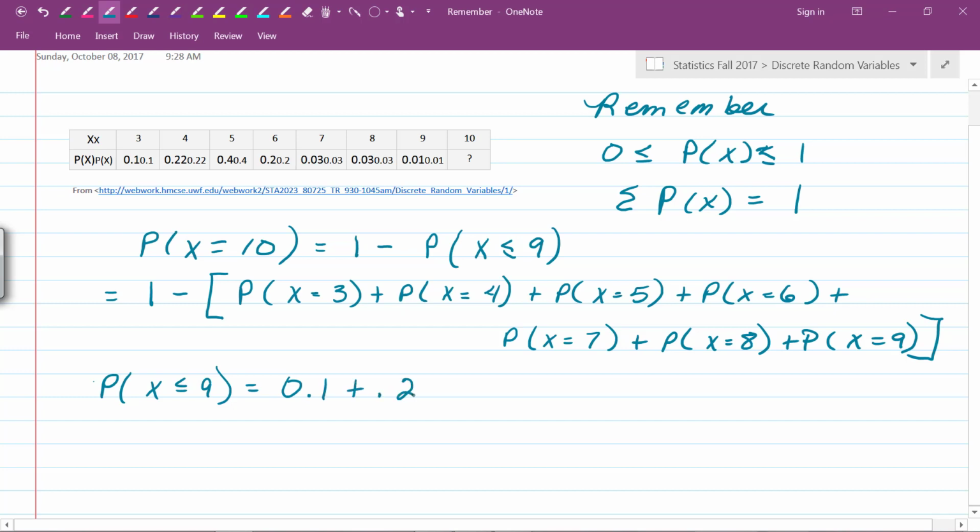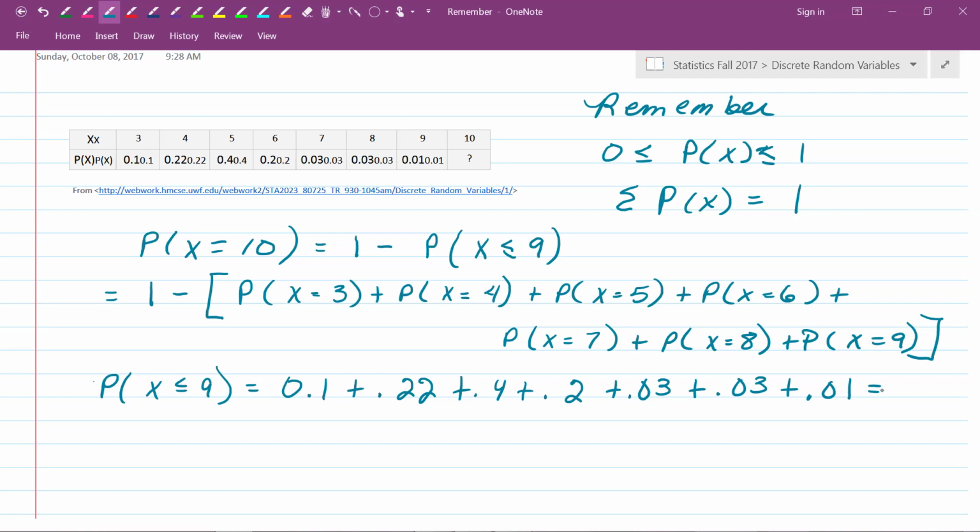That's going to be 0.1 plus 0.22 plus 0.4 plus 0.2 plus 0.03 plus 0.03 plus 0.01. And if we add those all together, I have to grab a calculator real quick. It's 0.1 plus 0.22 plus 0.4 plus 0.2 plus 0.03 plus 0.03 plus 0.01 equals 0.99.